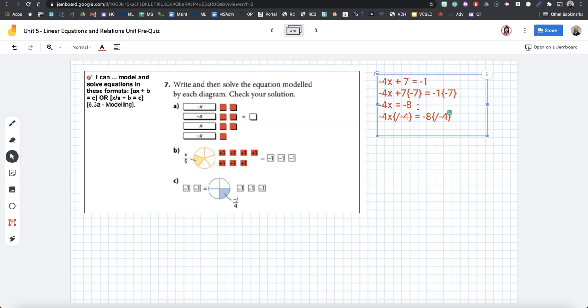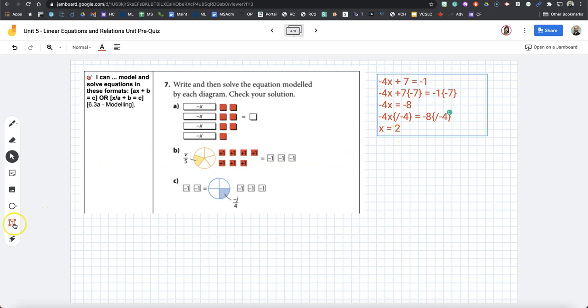The negative 4 here and the negative 4 here cancel out. Negative 4x divided by negative 4 equals just x. And negative 8 divided by negative 4 equals 2. When a negative is divided by a negative, you get a positive.